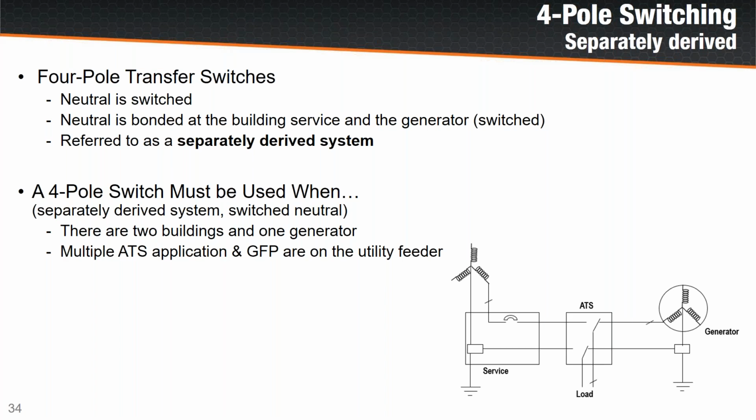So the whole point of using a 4-pole switch is that when we back up multiple services or multiple buildings, anytime we have more than one service on a generator, we really need to be switching to 4-pole transfer switches.